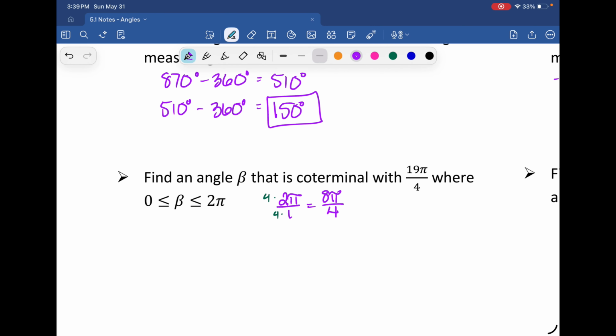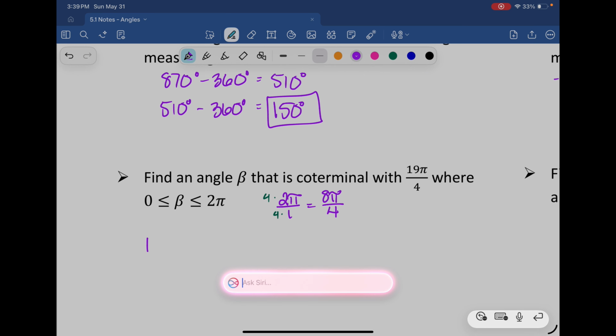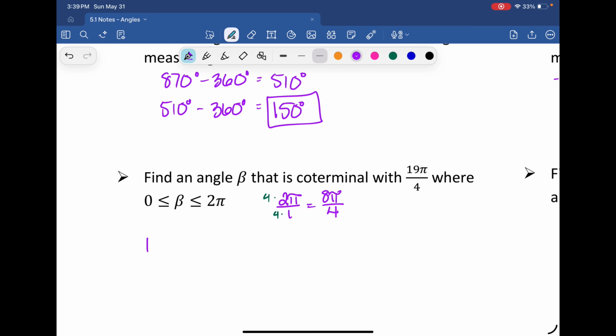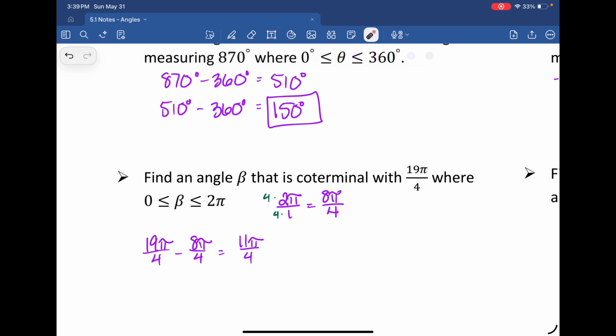It should always be double the denominator. So I'm going to take 19 pi over 4 and subtract 2 pi, which is 8 pi over 4. That gives me 11 pi over 4. Well, I already know 2 pi should be 8 pi over 4, so this is still too big. I'm going to do this one more time.